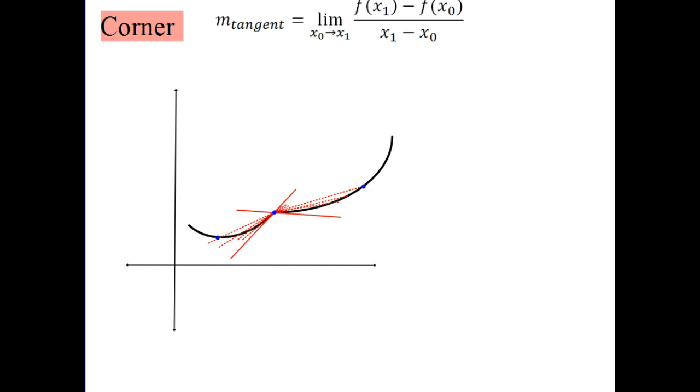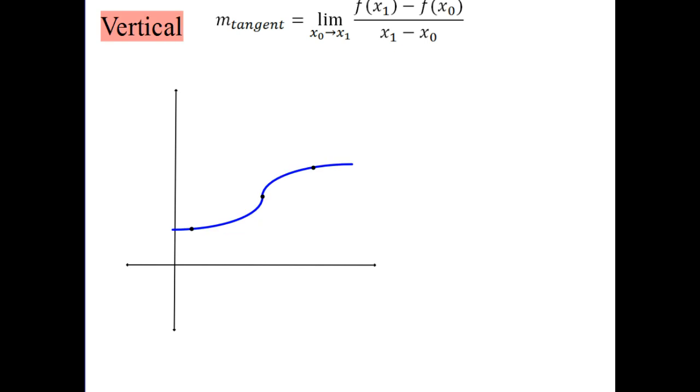Obviously, we can't have two conflicting tangent lines at this corner, so the derivative is undefined. Say this is x1, so f prime of x1 does not exist.